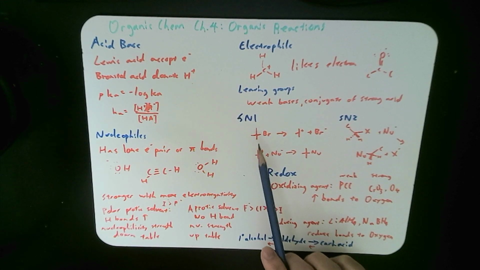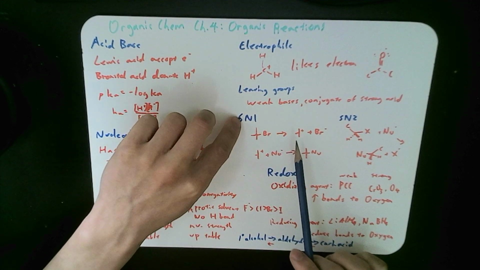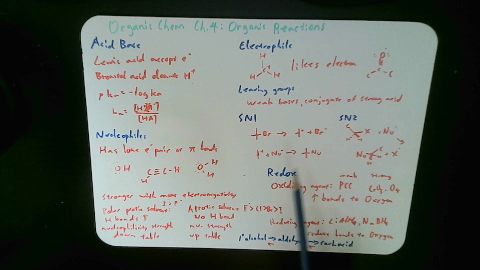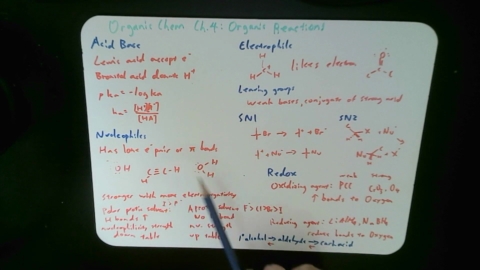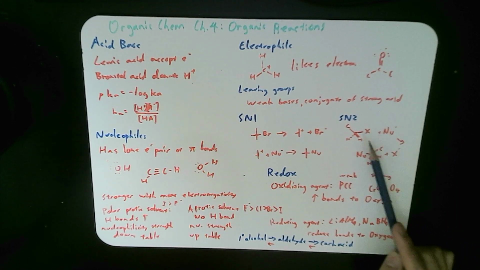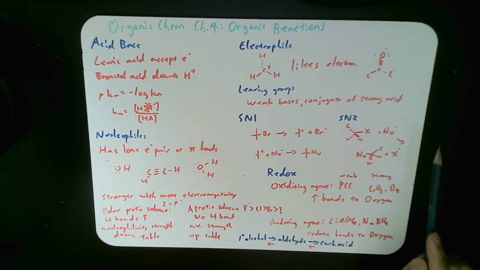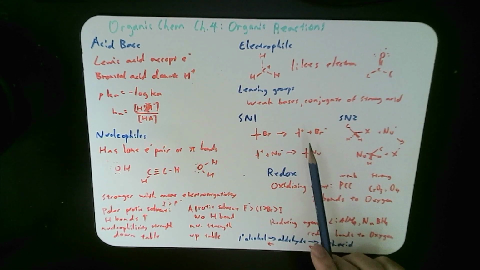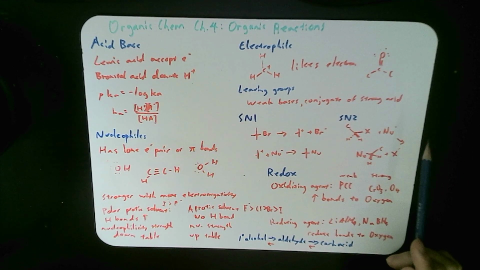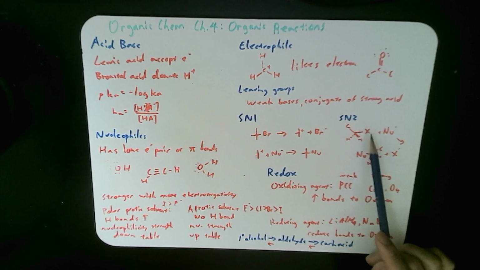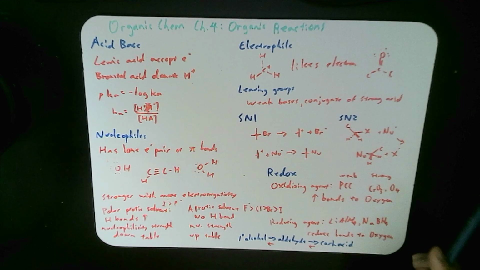So SN1 takes off the leaving group first before exposing the nucleus to the nucleophile. SN2 uses both the reactivity of the nucleophile and the leaving group's ability at the same time. Why is it called SN1? Well, it's only dependent on the leaving group's ability. So that's only dependent on one factor, the leaving group, whereas SN2 requires two factors, the receptivity of this to the nucleophile attack in addition to the leaving group's leaving ability.